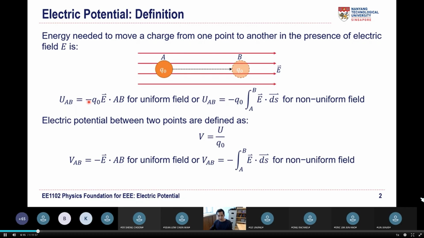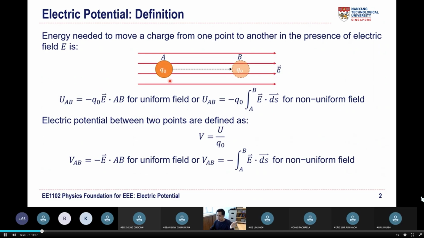The negative sign is the fact that when the positive charge is moved in the same direction as the electric field, then you are actually losing the potential energy, because even without you moving it, it would have moved that way, but you actually moved it by yourself. So then you are losing the potential energy that the charge had.